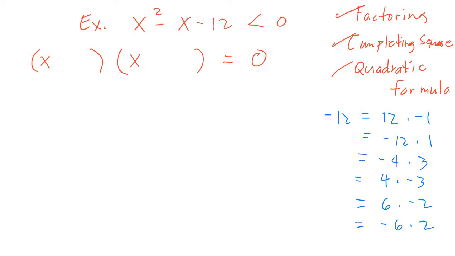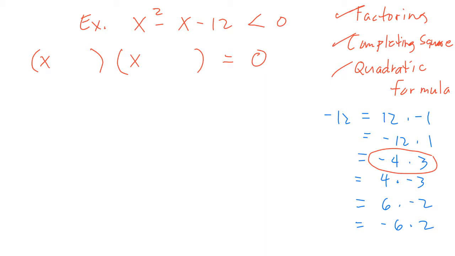Still, you're getting 12. So now you're looking at the middle term, which is -x, so that would be -1. Which of this set of factors, when you add, gives you a -1. So you're looking at this one, -4 and 3. So that's the pair that we have to choose.